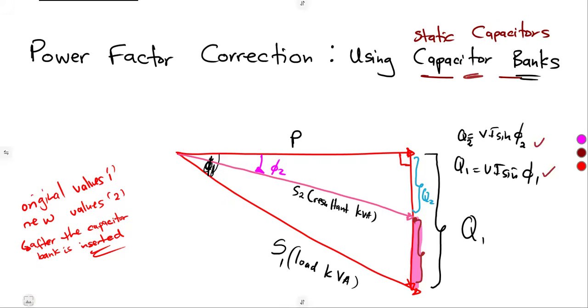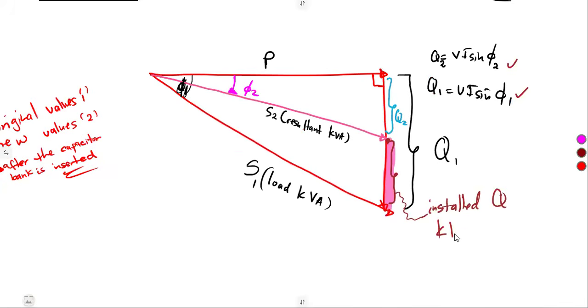That's our installed reactive power, this one. This is the one that we refer to as our installed reactive power. That's our installed Q or installed kVAR, remember, kilovolt ampere reactive.